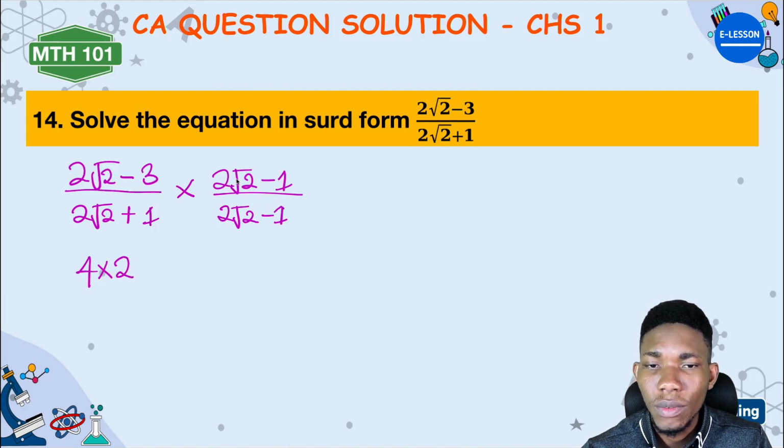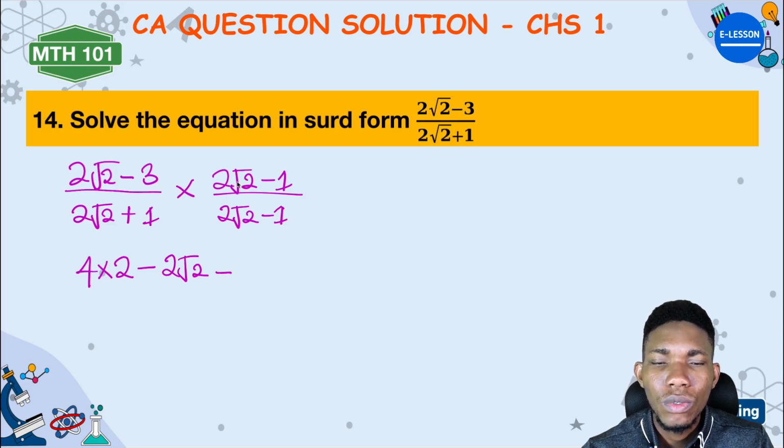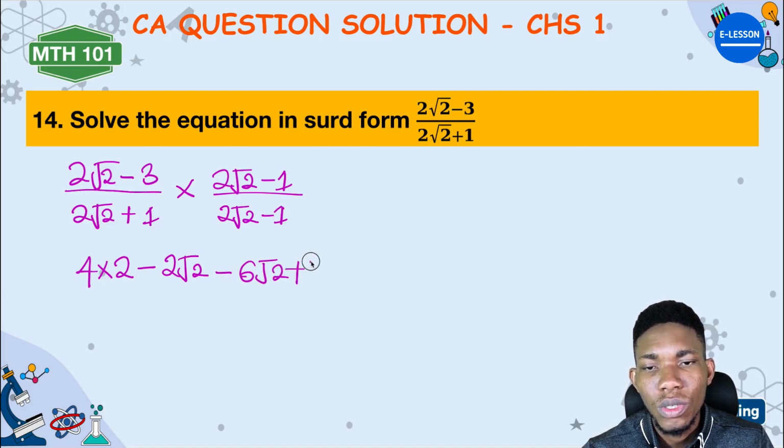Root 2 times root 2 will give us 2. Then use this 2 root 2 to multiply minus 1. This will give us minus first. 2 root 2 times 1 will give us 2 root 2. Then we are now using this minus 3 to multiply now. 3 times 2 root 2 will give us 6 root 2. Then minus 3 times 1 will give us what? Plus 3.